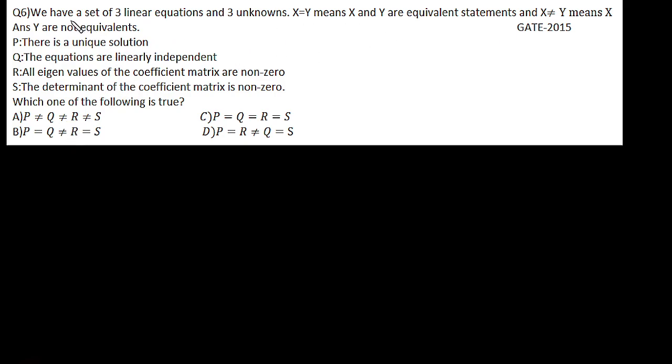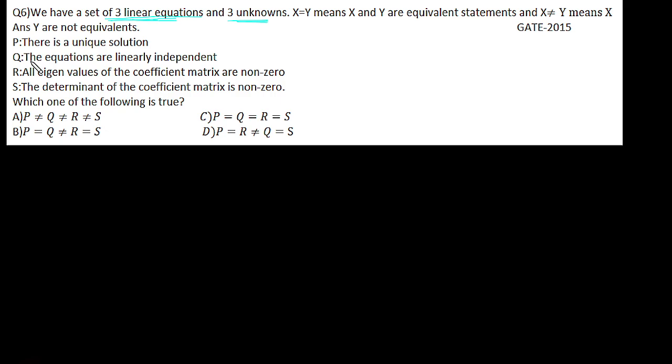Okay, so here we have been given three linear equations and three unknowns. So let's go one by one. Statement P says there is a unique solution. Statement P says that for this system we have a unique solution.